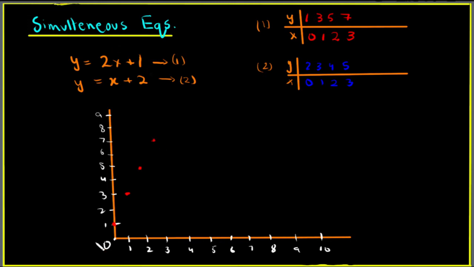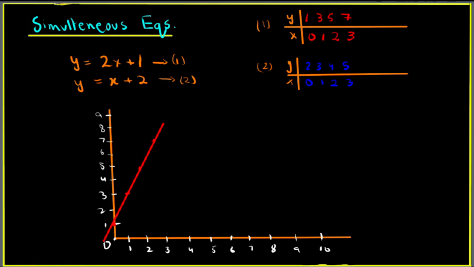So if we join these points together, we get a line. Let me try to do it precisely. Okay, that's better. So we got a line something like this.